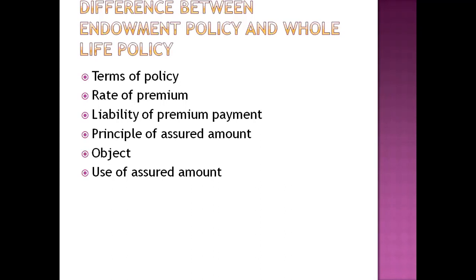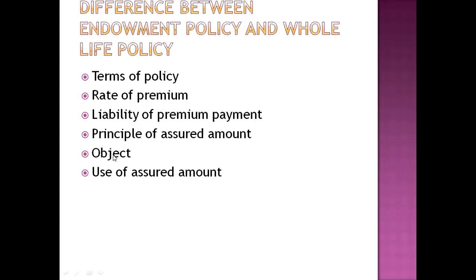The insured doesn't know what life will bring, what the consequences will be in the near future, because we people are not God. That's why we can't predict how many years you have to pay the premium to the company. Rate of premium: in an endowment policy, the premium is high. In a whole life policy, the premium is low.